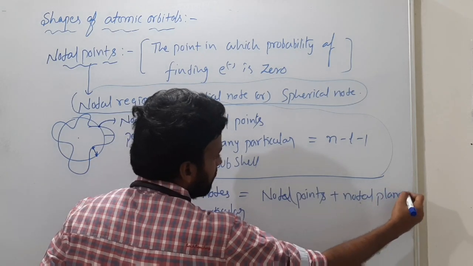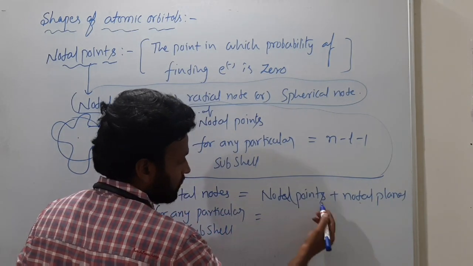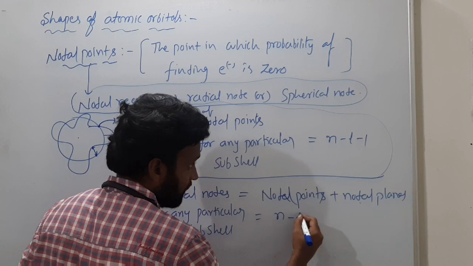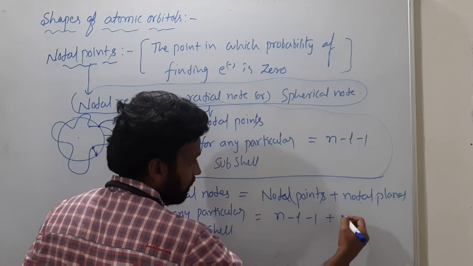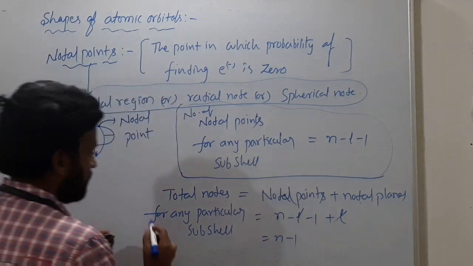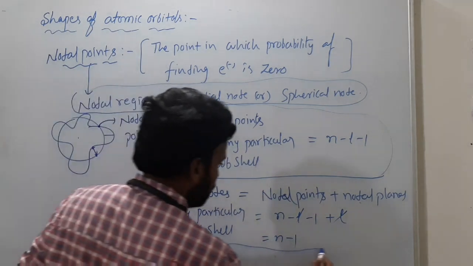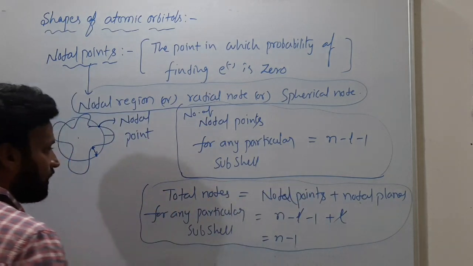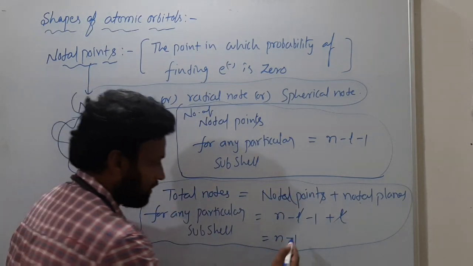Nodal points are n minus l minus 1. Nodal planes are simply l. The l cancels, so the total number of nodes is simply n minus 1.